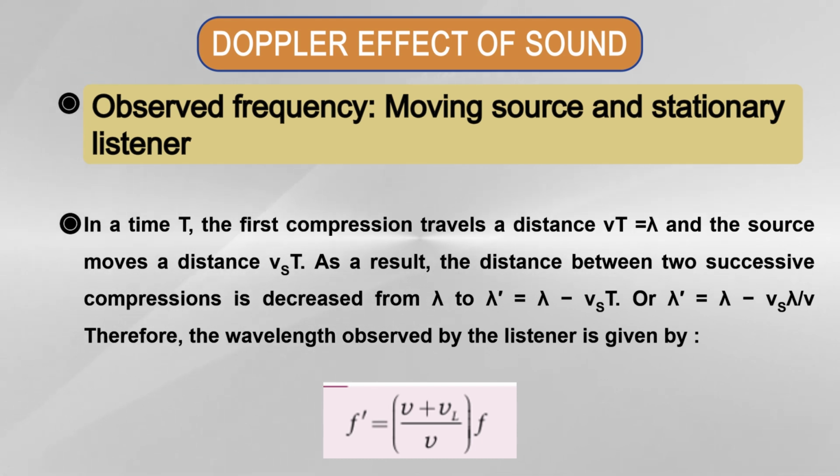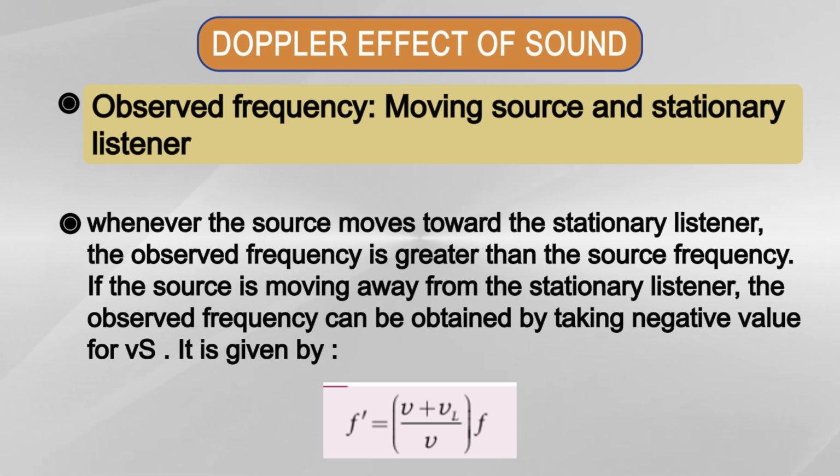Thus, where the source moves toward the stationary listener, the observed frequency will be greater than the source frequency, and if the source is moving away from the stationary listener, the observed frequency can be obtained by taking the negative value of Vs. So, the formula is modified as f prime is equivalent to V upon (V plus Vs) multiplied by f.